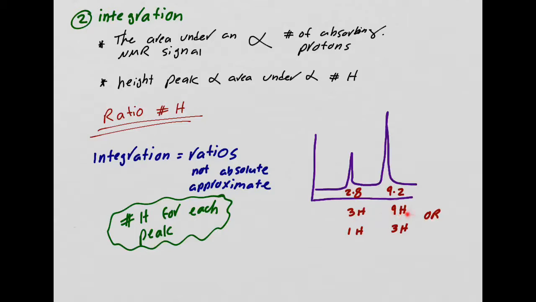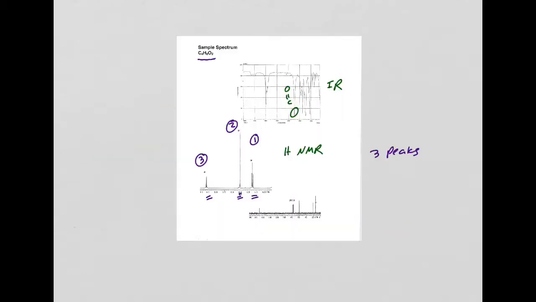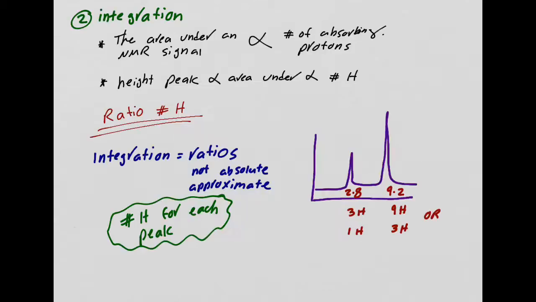So sometimes you have to round. And again, because it's a ratio, this could be 3 and 9, or it could be 1 and 3. Then you have to play around with it with your formula to figure it out. So far so good? Okay, so tell me, what does integration mean again? Integration is basically number of hydrogen for each peak. So when you come over here, this peak has 3 hydrogen, this one has 3 hydrogen, this one has 2 hydrogen. All right, beautiful.